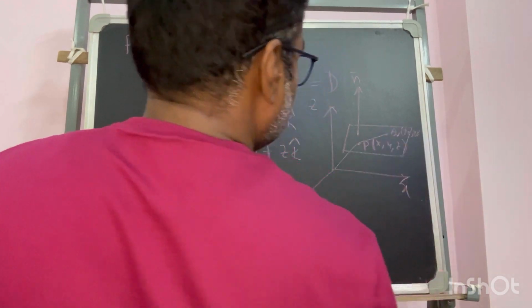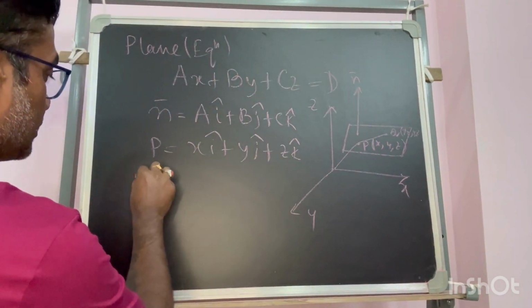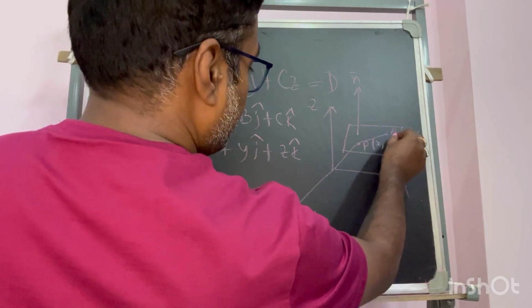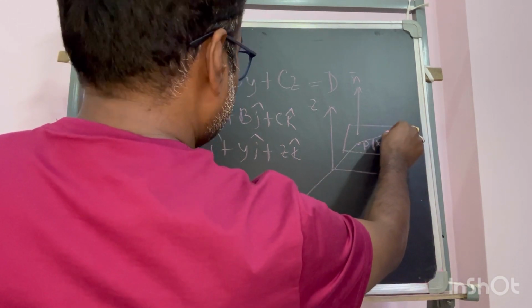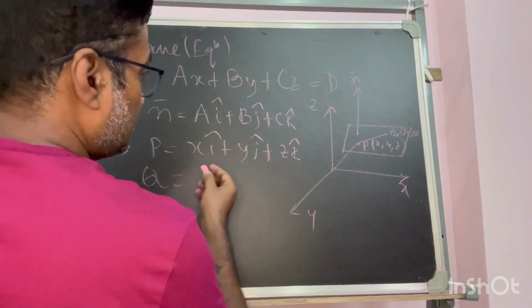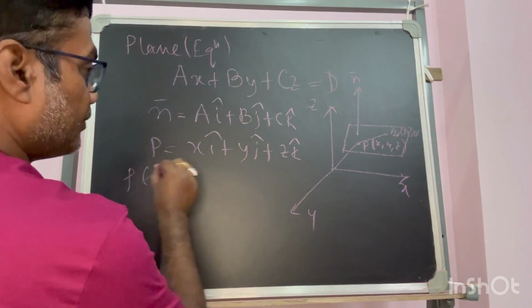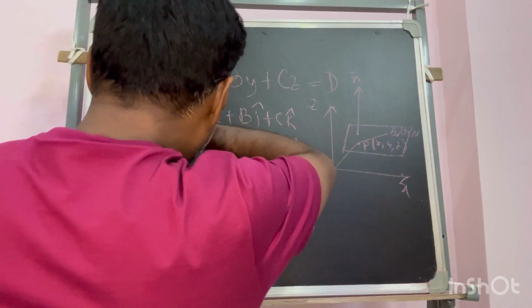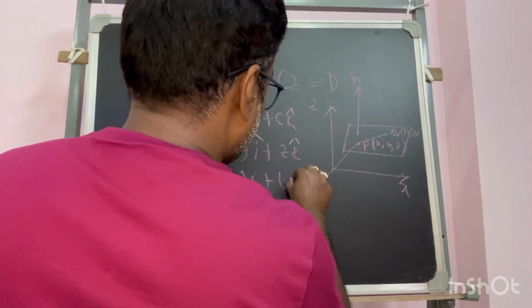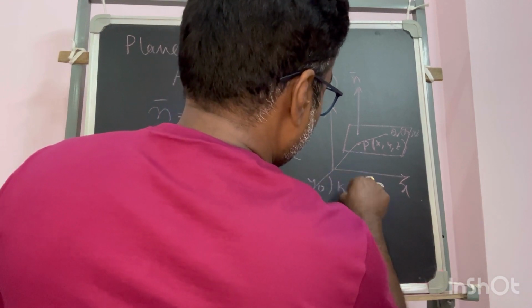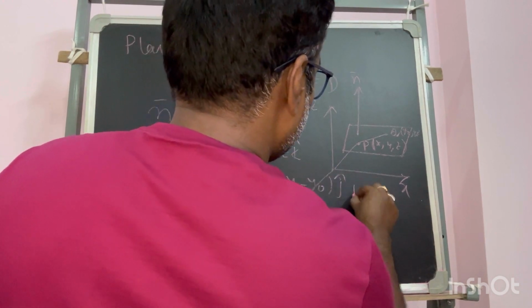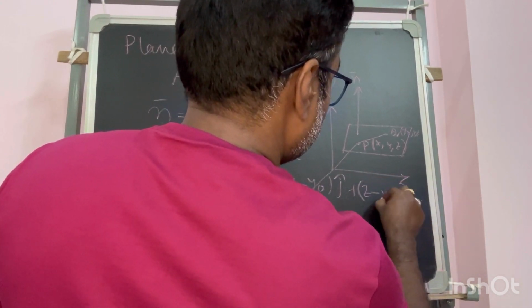Then if I draw the vector pq, where p is a variable point that may be anywhere and q is the fixed point on the plane, pq is given by (x - x0)i + (y - y0)j + (z - z0)k.